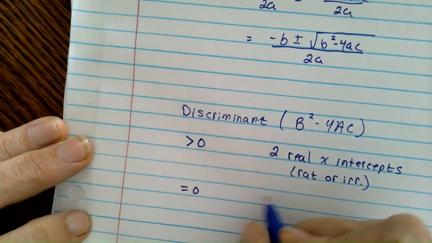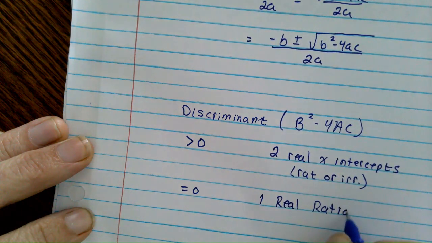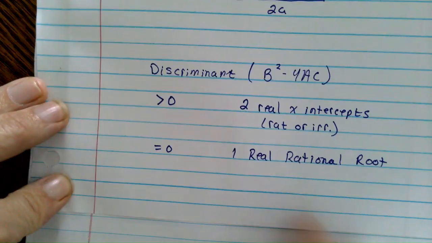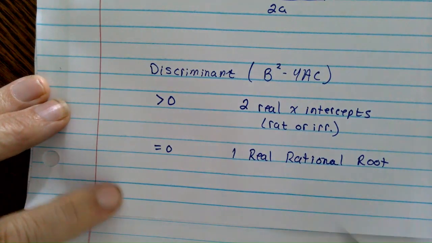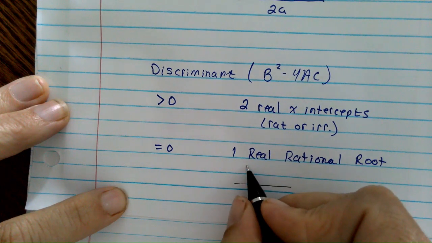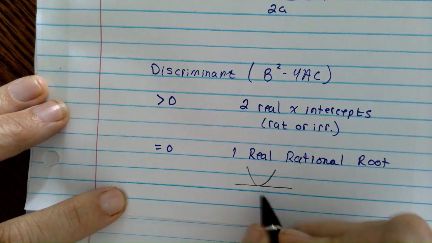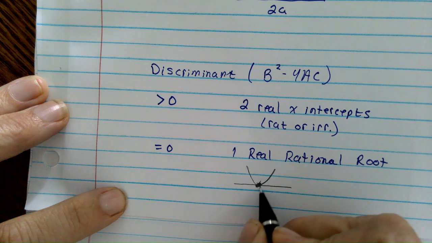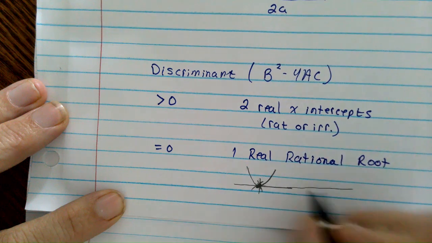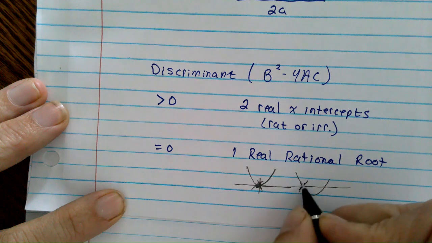If it equals 0, you will have 1 real rational root. In other words, what's going to happen is if the discriminant is 0 and you're looking at your graph, here's the x-axis. I don't know whether it'll be on the positive side or the negative side, but that parabola is going to come down and bounce off the x-axis and come back up. And so you're just getting this one answer right there, versus had it been greater than 0, when it's greater than 0, we're getting these two right here.